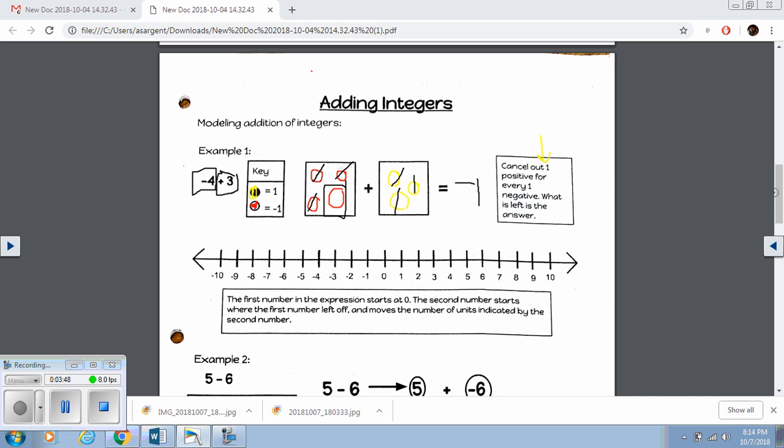So let me just go ahead and remind you what it looks like on a number line. The directions for how you do a number line are right here in this box. The first number in the expression starts at 0. This is the same thing that we're doing, -4 plus 3. So we start at 0 and then we go to -4.